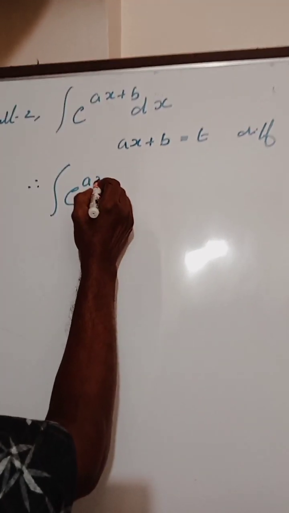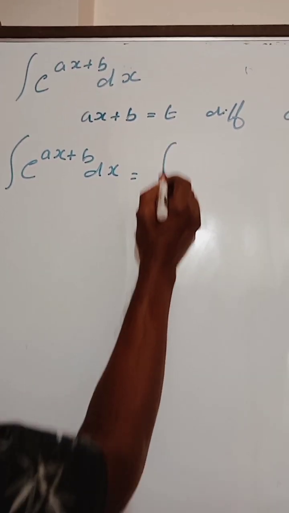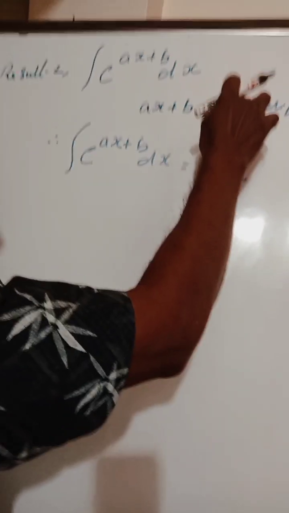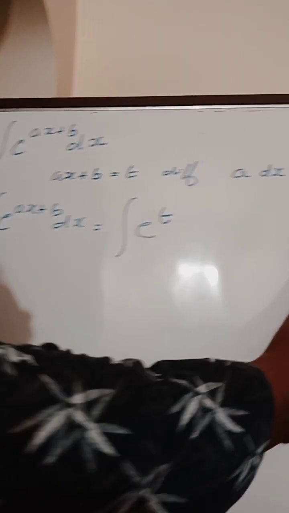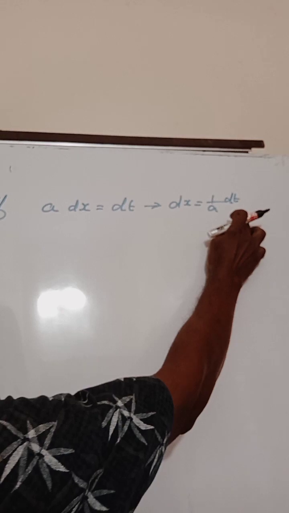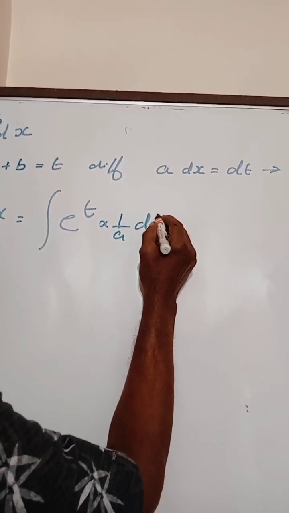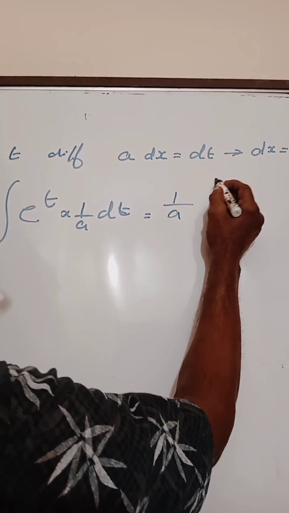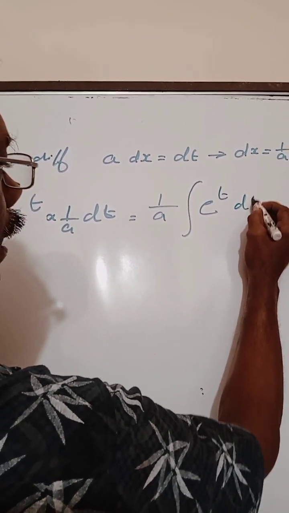Therefore, integration of e raised to ax plus b dx is equal to integration of e raised to t, instead of ax plus b we put t, and instead of dx we put 1 by a dt. 1 by a we can take outside of integration of e raised to t dt.